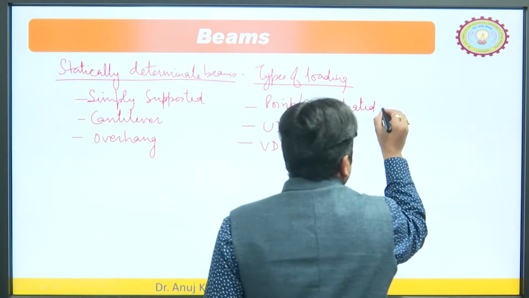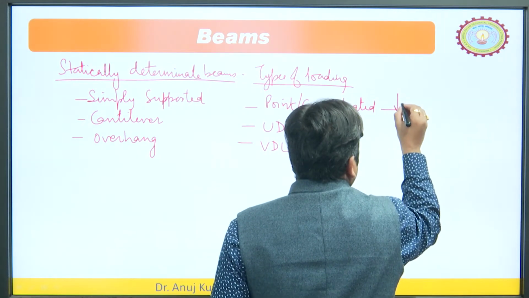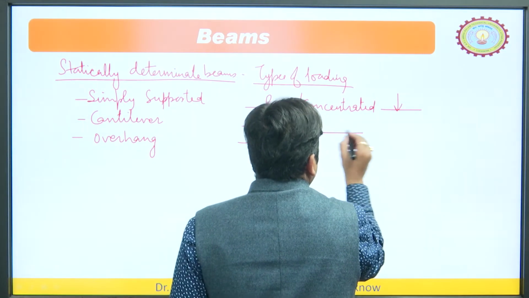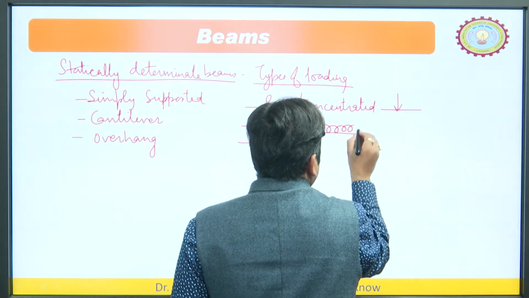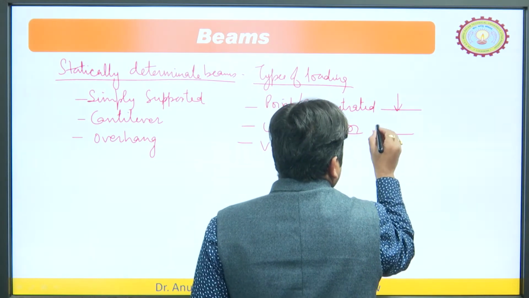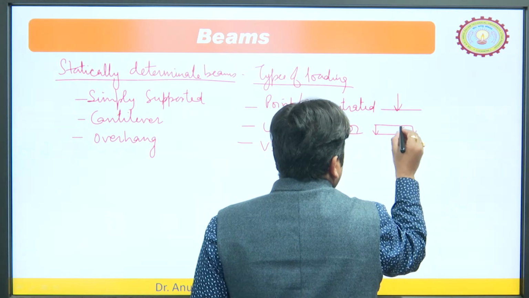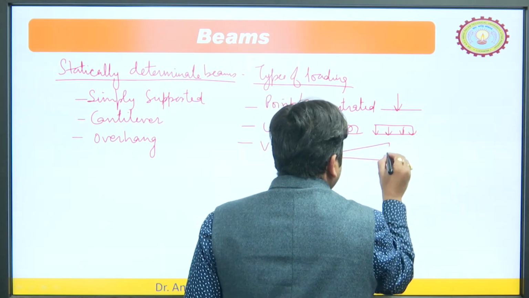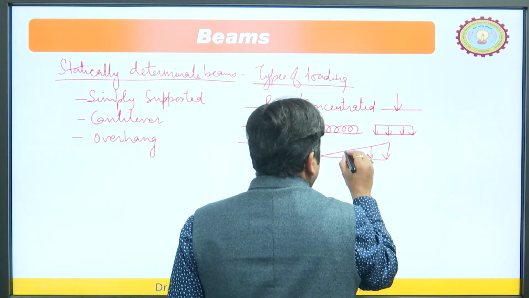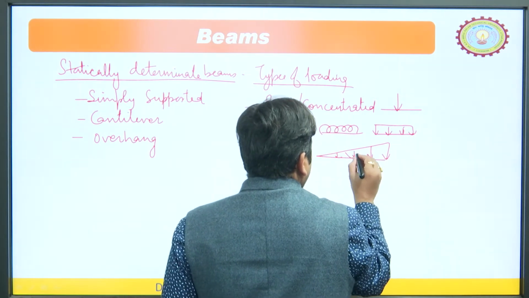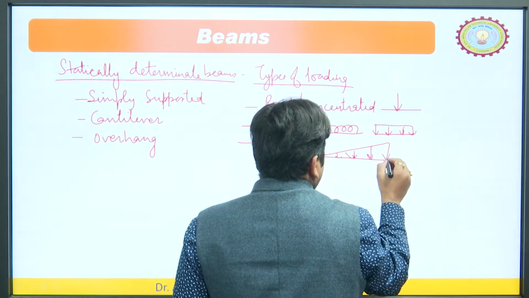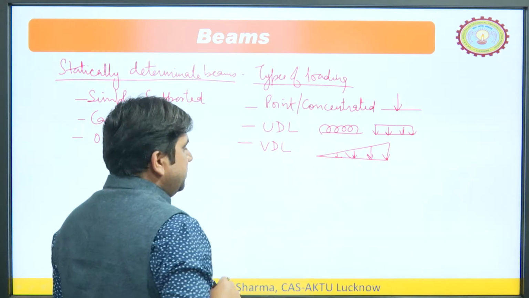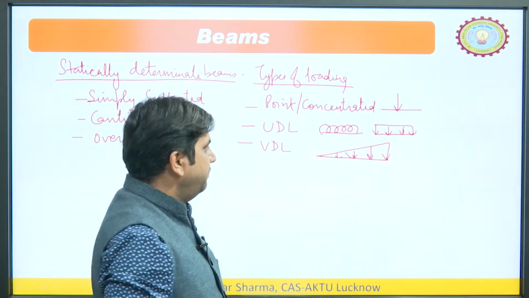A point load we generally show by this kind of structure, UDL generally by this or by arrows of the same dimensions. VDL we show by this, where the intensity varies from one end to the other end, so you have different intensity at one end and at the other end.